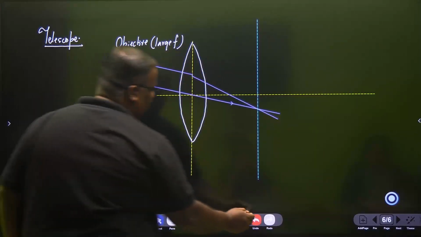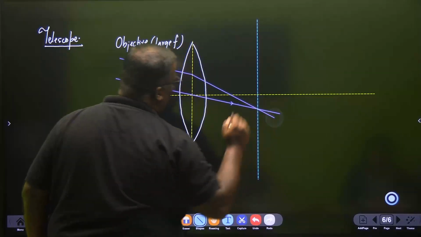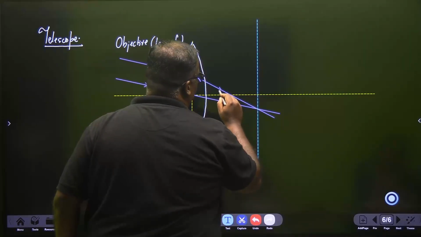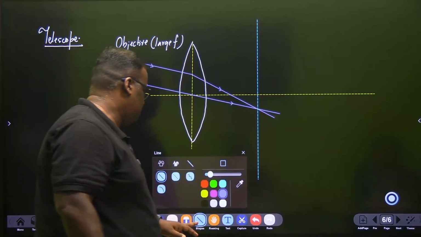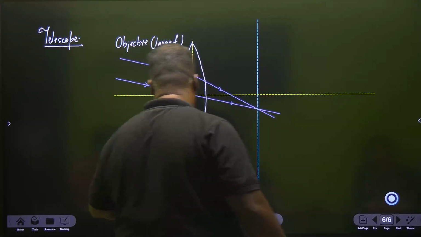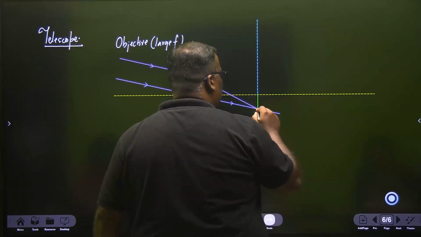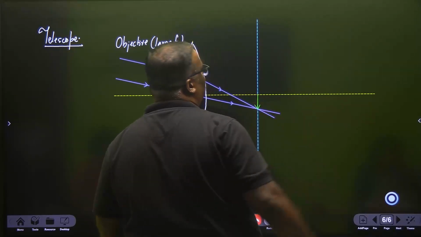This we had discussed in grade 10, if you remember. Parallel rays need not be parallel to the principal axis. So you will be creating your first image out here, and this image would be a real and inverted image. We used to say that this used to be the case when the object is placed at infinity.